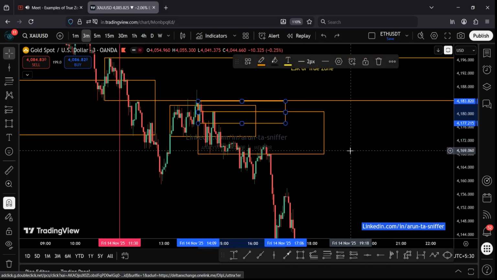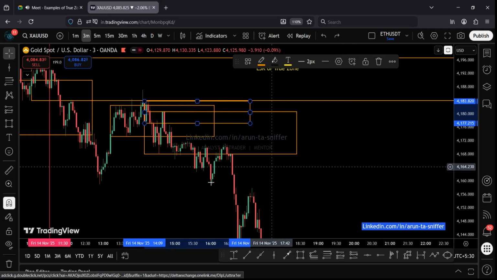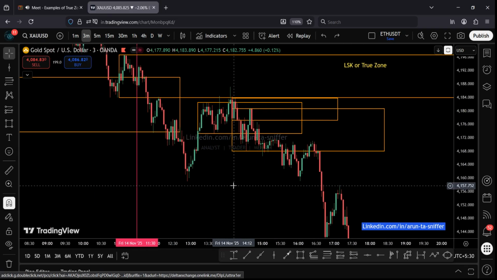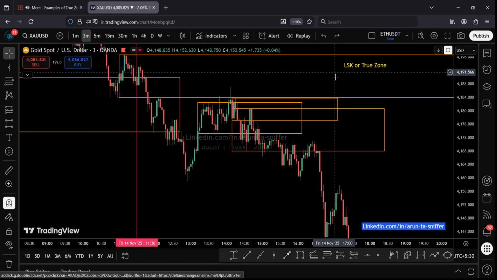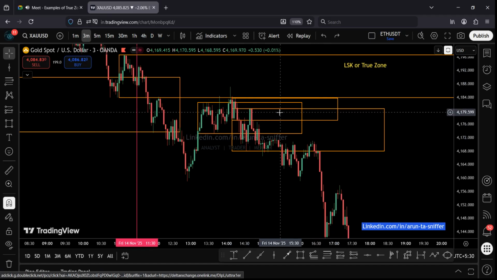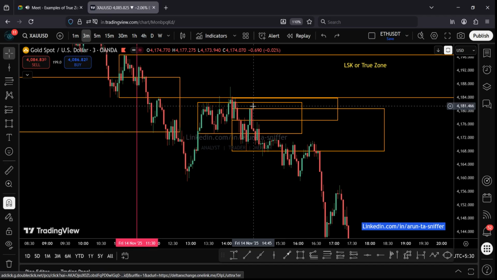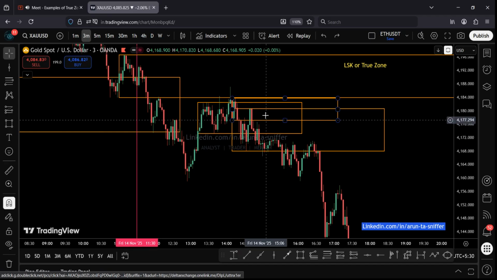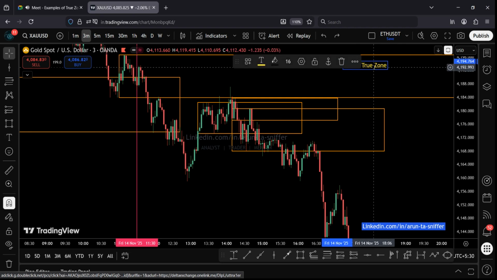Price goes back to this and came down. Okay. So we are hitting this LSK here. So this is also our price going up and hitting to this. Again, the same thing.